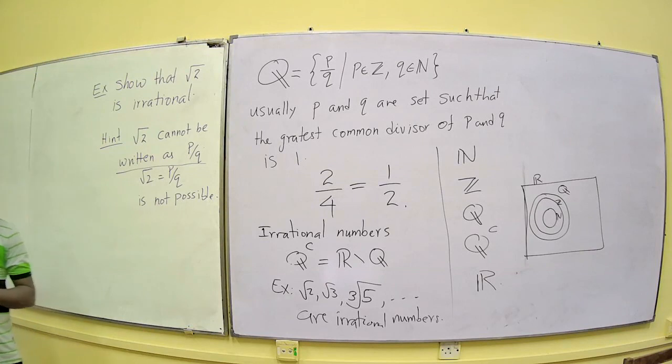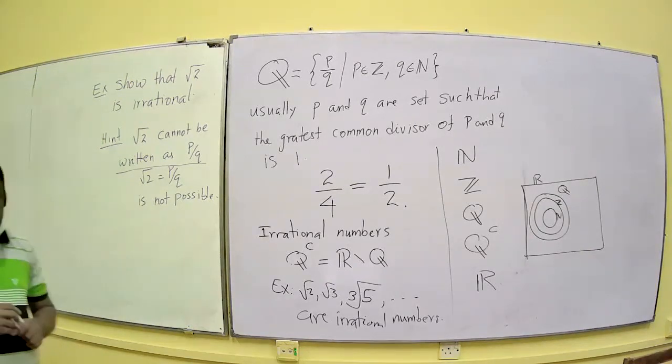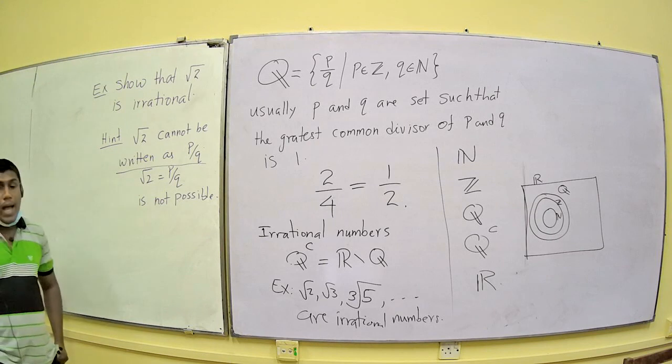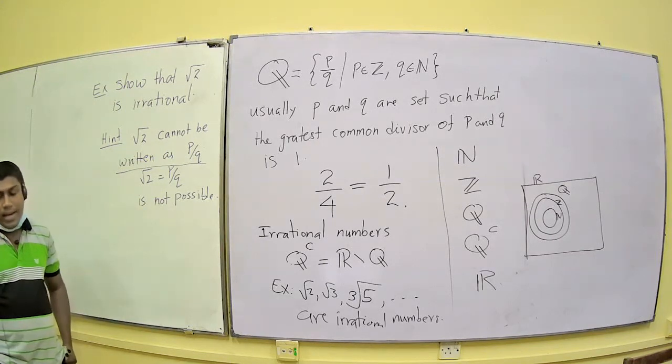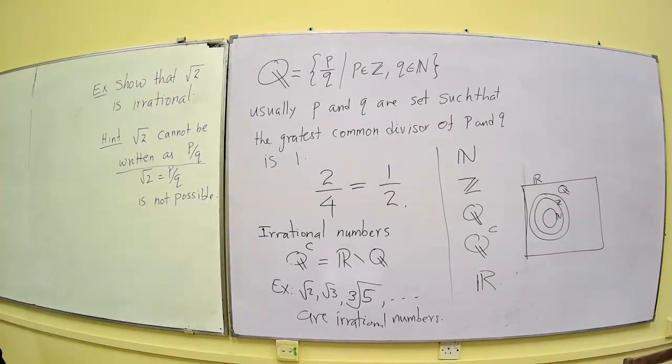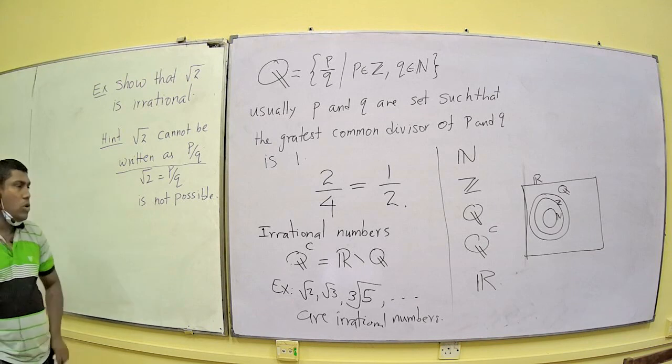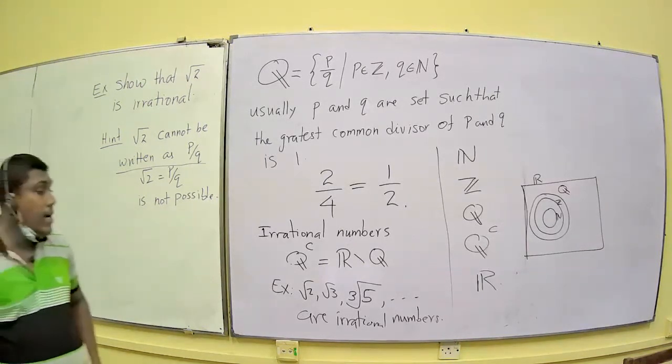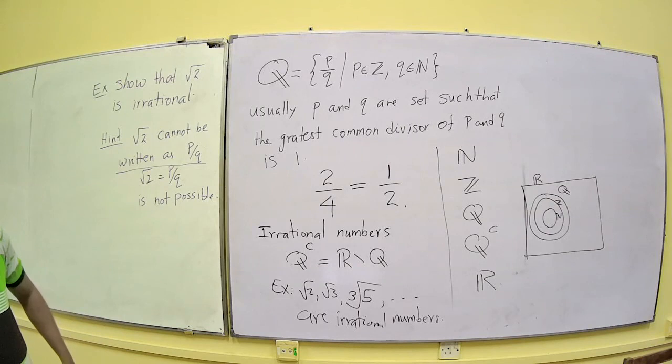If you want to show that something is irrational, you have to show it is not rational, so that it cannot be written as p over q. So you try to write square root of 2 as p over q, and then see whether you get a contradiction or not. I will leave that as an exercise for you to look at some books or other related material and try to prove these things.